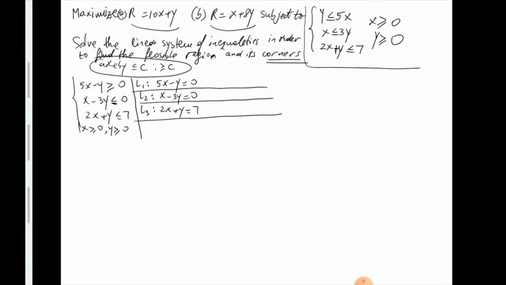For example, for line 1, let's do 0, 0, like we did before. So one point is 0, 0, obviously. Another point, let's say x is 1, that makes y 5, so 1, 5.